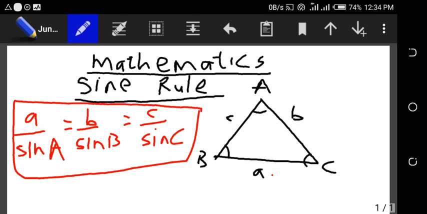So we can use this to calculate the missing side or even a missing angle in a given triangle.